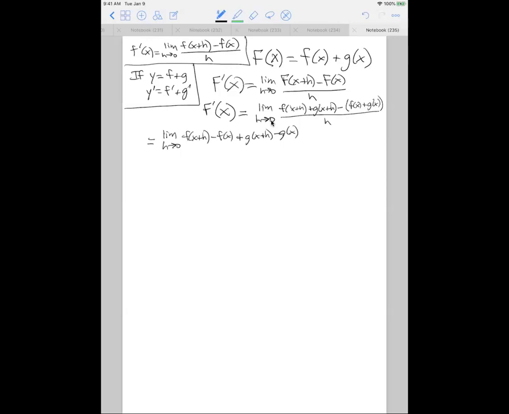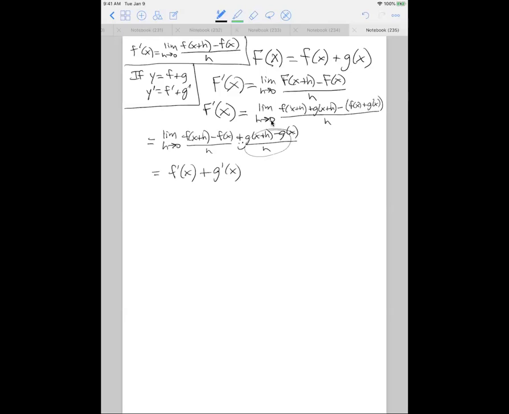And that h we can distribute over these, and we could distribute the limit, that ends up giving us the limit as h goes to 0 of this, which is f prime of x. And the limit as h goes to 0 of this over here is g prime of x.